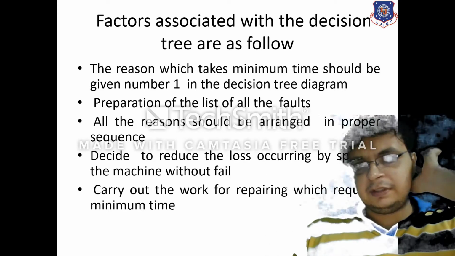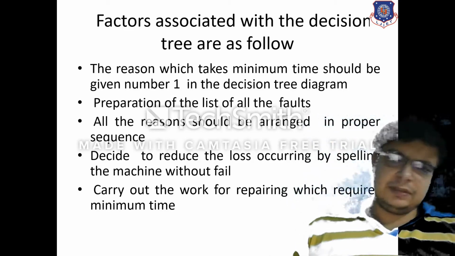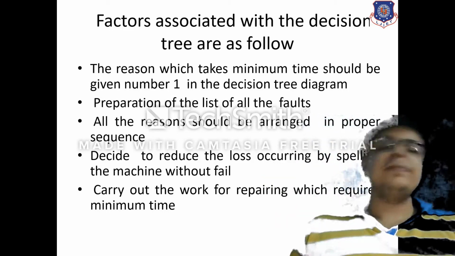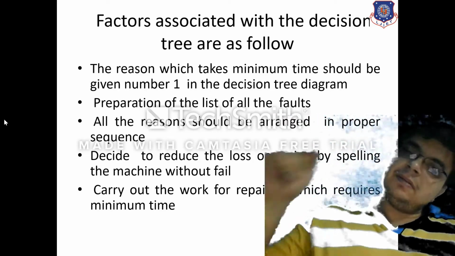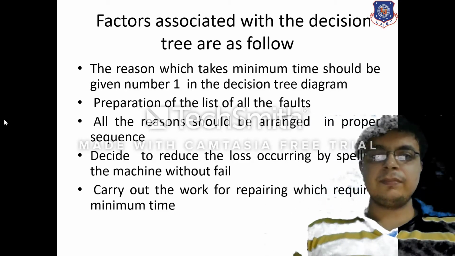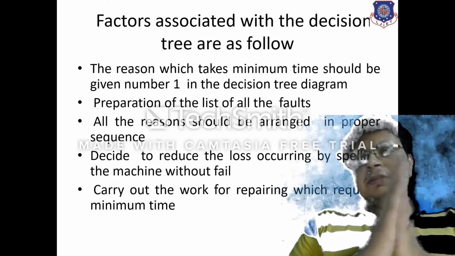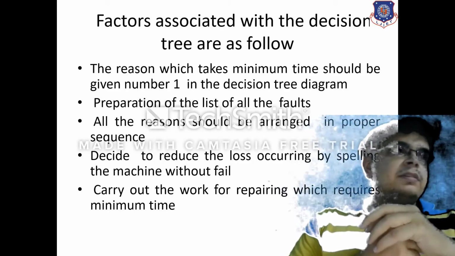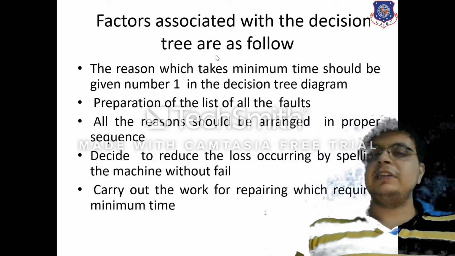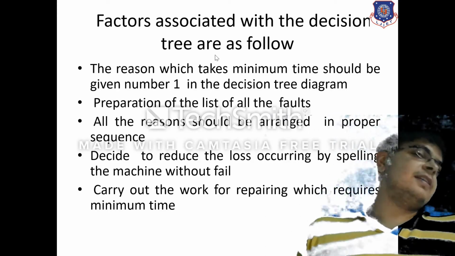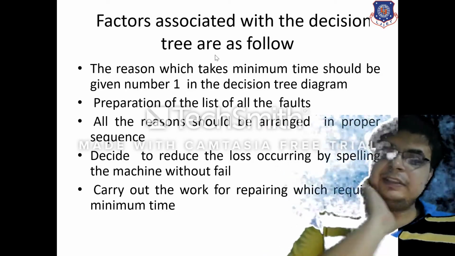Now, the next topic is factors associated with the decision tree concept. There are many factors. First is the time factor, meaning the reason that takes the least time to solve the problem should be listed at number one in the decision tree diagram. In the decision tree diagram, a list of the faults should be made and arranged in the proper sequence as per the requirement, either in ascending order or descending order.